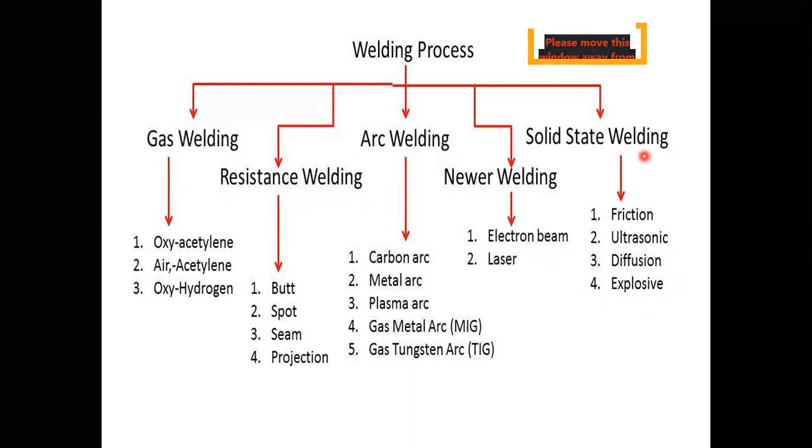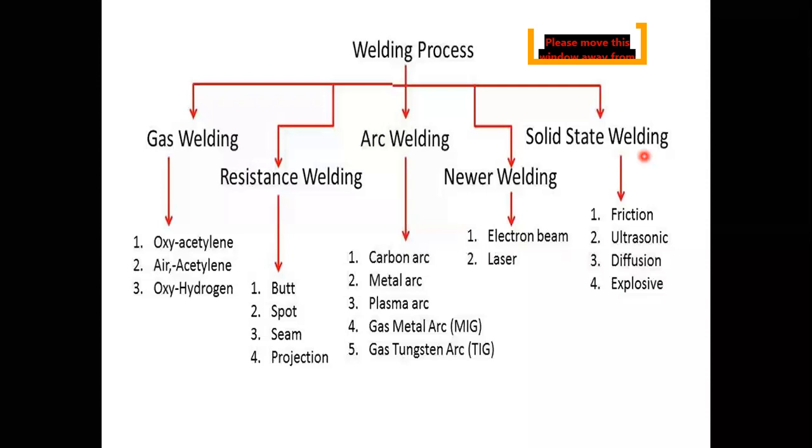Then the edges which are connected to each other become just like a plasma state, not melted but a sticky state, and then they join, and when we cool it, it becomes a joined metal.